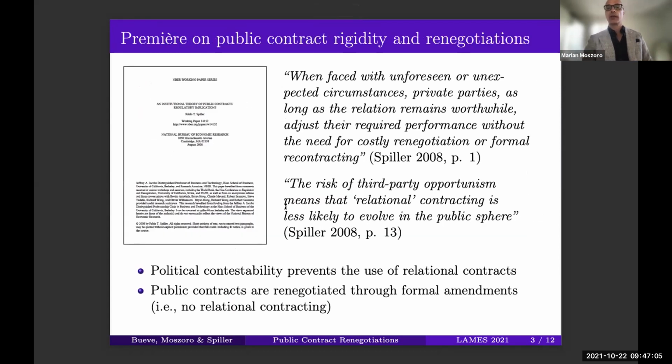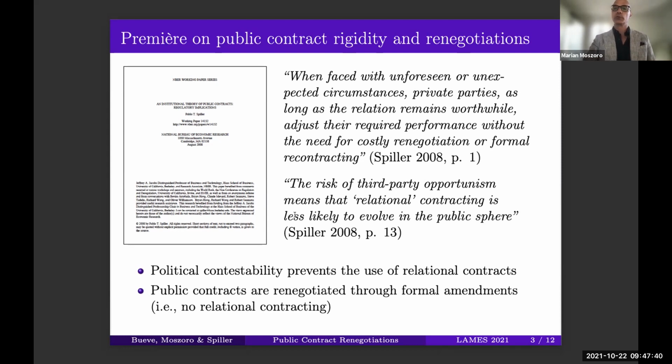What we are trying to show is that actually renegotiation in the public domain is something that happens inherently, because it's a response to political risks and is not remediable. Whereas private agents can engage in a relational contract inasmuch as the relationship is worthy, the public sector cannot and will go into a formal renegotiation, and that is what we observe ex post.